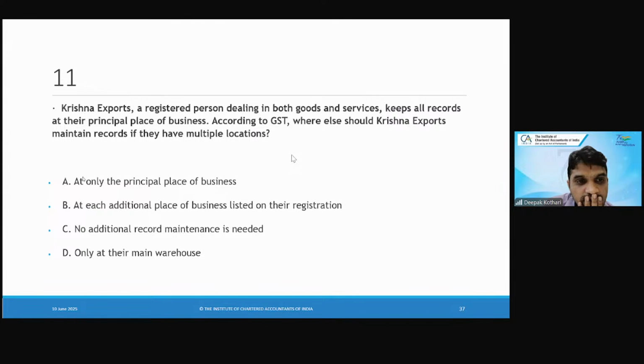Right. Answer is B for this. Some people were saying A. Why?